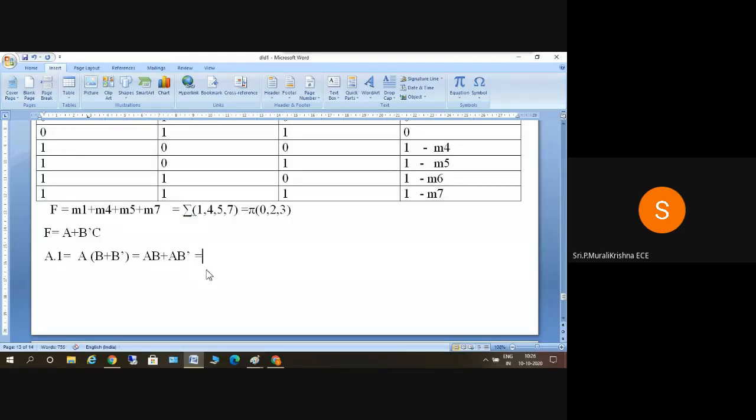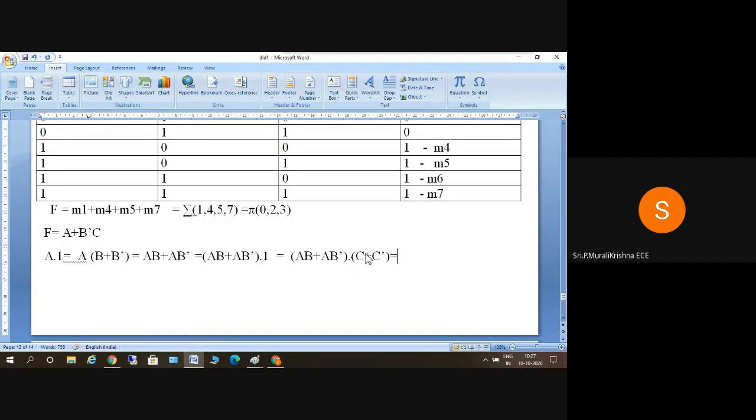In a similar way, ab plus ab bar, each into 1. So I'll multiply again with a 1, which can be written as c plus c bar, because c plus c bar is also equal to 1.